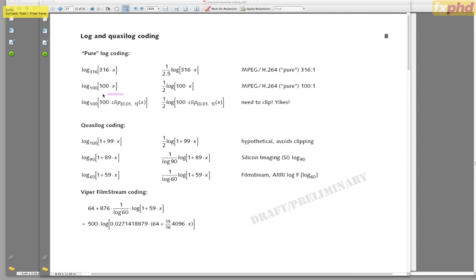This is an equation which could be used at the front end of a camera to do pure log coding. X is the exposure. It runs from 0 to 1. First you multiply it by 100, and then you take the log to base 100. Multiplying it by 100 just takes that number to be between 0 and 100.